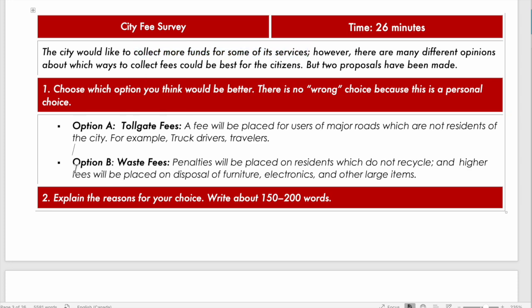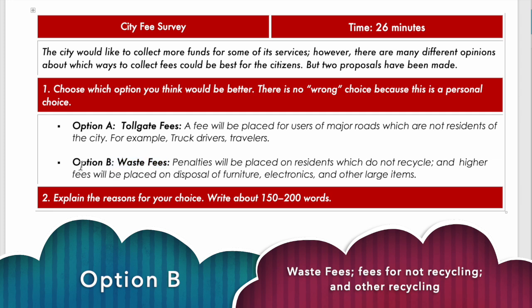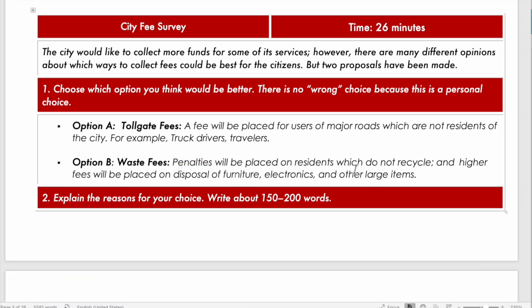What is option B? Waste fees. Penalties will be placed on residents who do not recycle, and higher fees will be placed on disposal of furniture, electronics, and other large items.